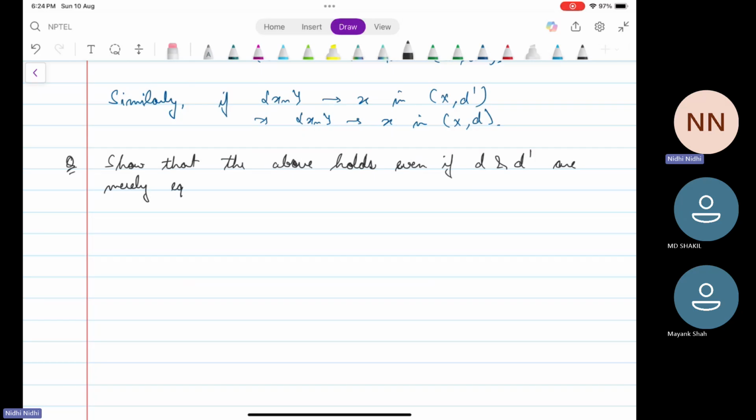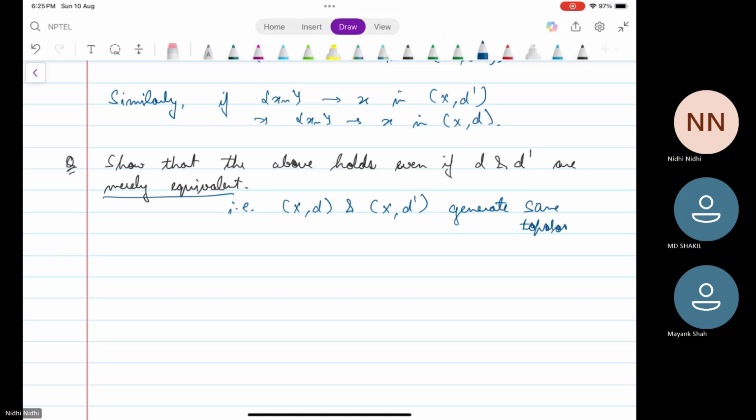That means they need not be strongly equivalent. That is, (X,d) and (X,d') generate the same topology. So eventually they have the same open sets.